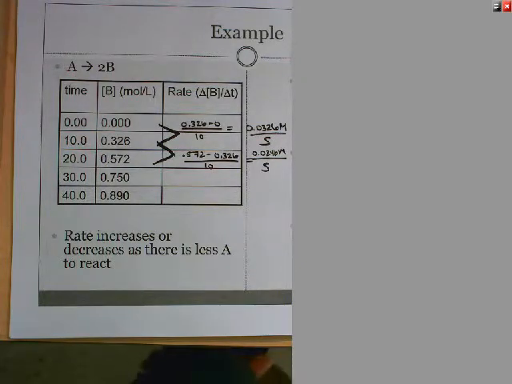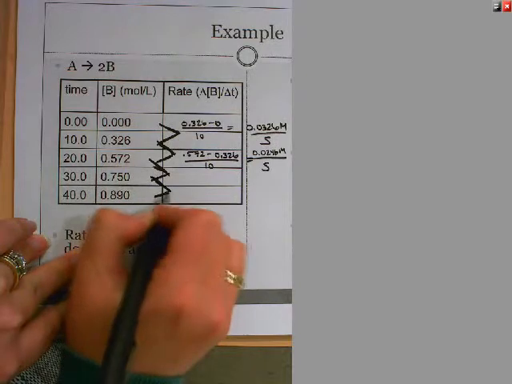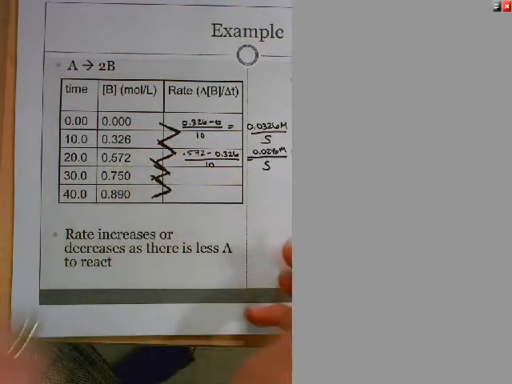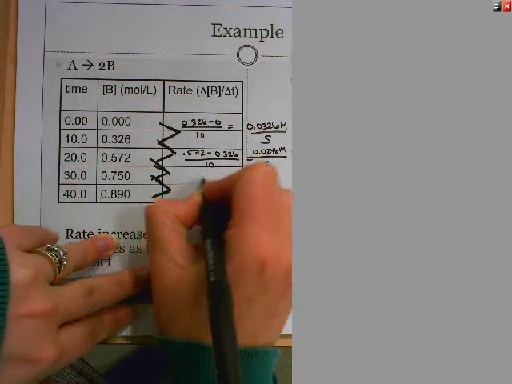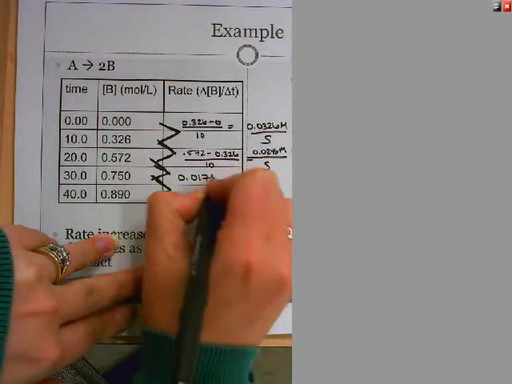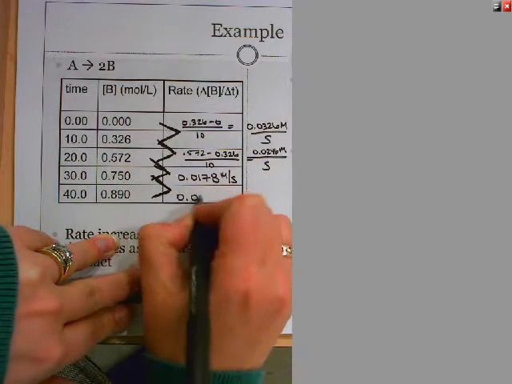So how many more times could I do that given the data? 2. I could look at this change and I could look at this change. And we would solve them the same way, where I would look at the change in concentration divided by the change in time. I'll go ahead and say that this one is 0.0178 and this.